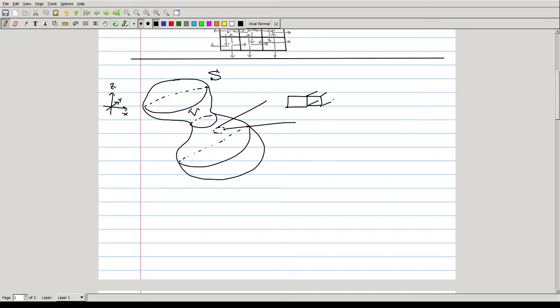And as these cubes get smaller and smaller and smaller, we arrive at the triple integral.